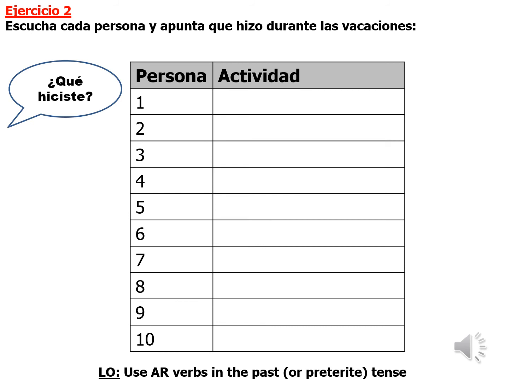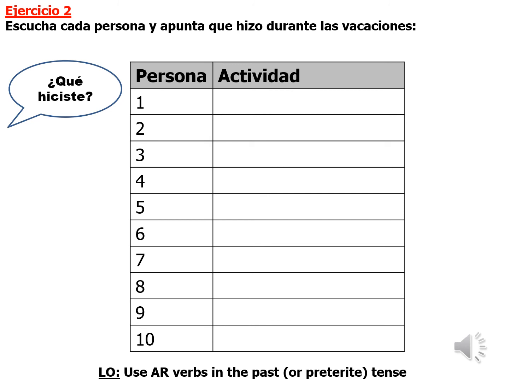Módulo 3. Mis vacaciones. Unidad 2. ¿Qué hiciste? Página 44. Ejercicio 1. Escucha y escribe la letra correcta. 1, ¿Qué hiciste? Fui de excursión. 2, ¿Qué hiciste? Monté en bicicleta. 3, ¿Qué hiciste? Mandé mensajes. 4, ¿Qué hiciste?